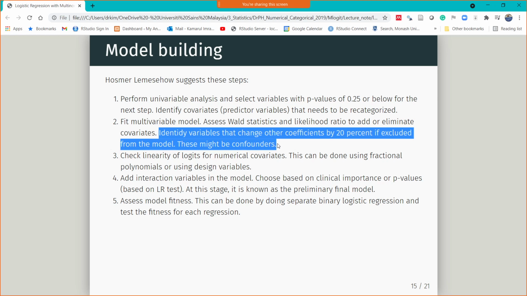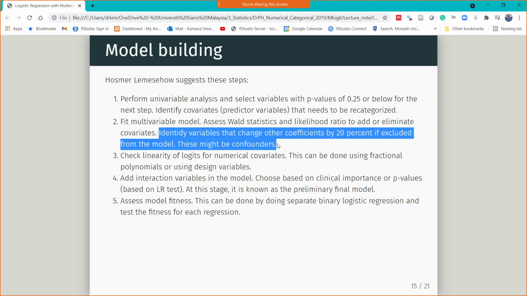And then Hosmer said after you have done this, you are happy now. Let's say you got covariates A, B, C, and E. Then now you can add interaction variables in the model. According to Hosmer, you can choose based on clinical importance, or you can do exploratory.